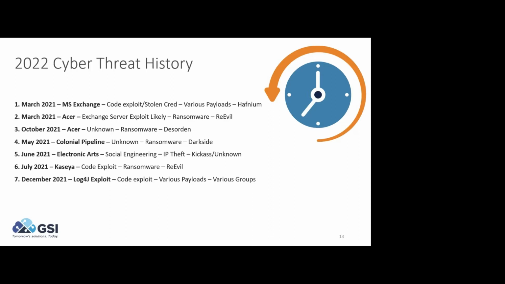GSI has been involved with a couple. Kaseya was one where we didn't actually have any Kaseya attack, but one of our partners did. The Log4j exploit in December is big. People are still living with that today, since that Log4j exploit was used just about anywhere Java was doing log gathering.